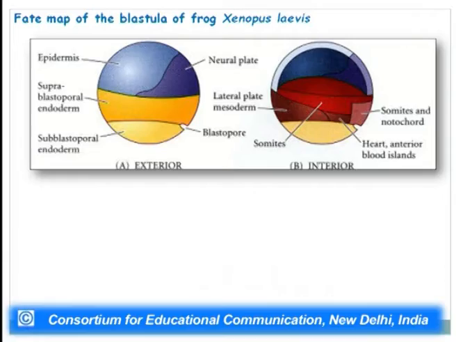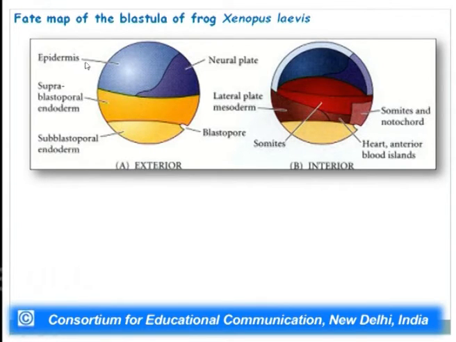So, this is the fate map of the blastula of the frog Xenopus laevis. As you can see, this is from the exterior. On the exterior we will talk about two different types of cells, the superficial and the deep cells. On the outside surface there are basically only two types of cells composing the outside of the blastula, giving rise only to the ectoderm.